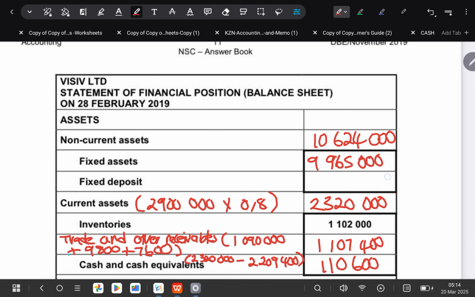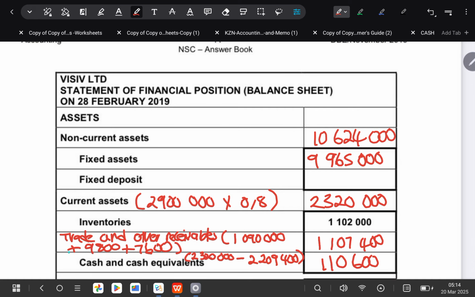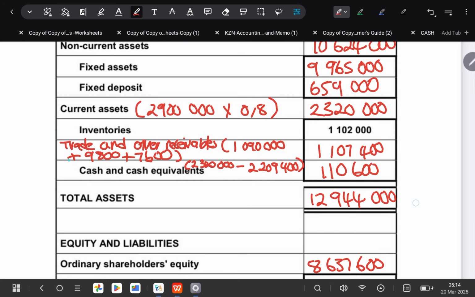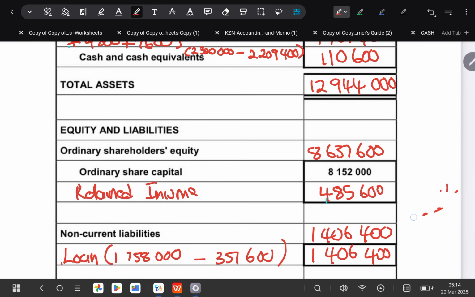So let's see, 10,624,000, you subtract 9,965,000, you'll get 659,000. So it means that the value of your fixed deposit is 659,000.